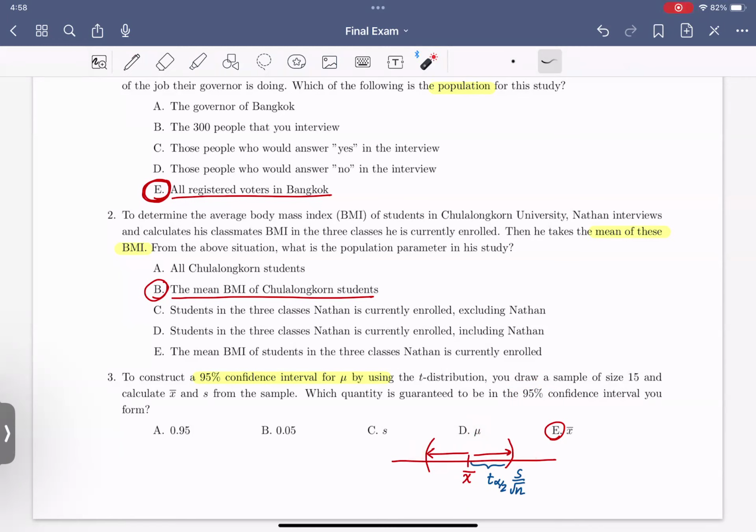So it is possible that the confidence interval does not cover mu. And S, this is nonsense. 0.05 and 0.95, there is no guarantee that these numbers are going to be in the confidence interval. All right. Next one.